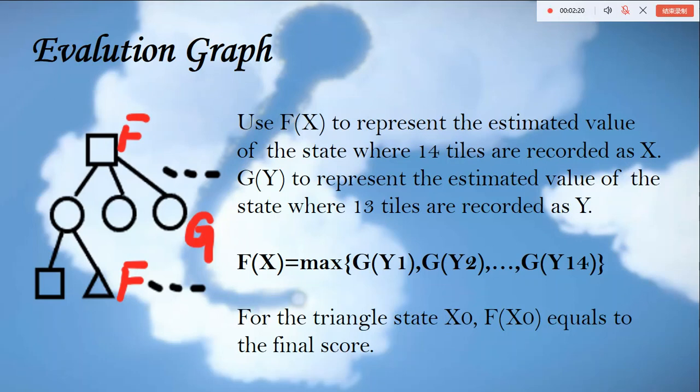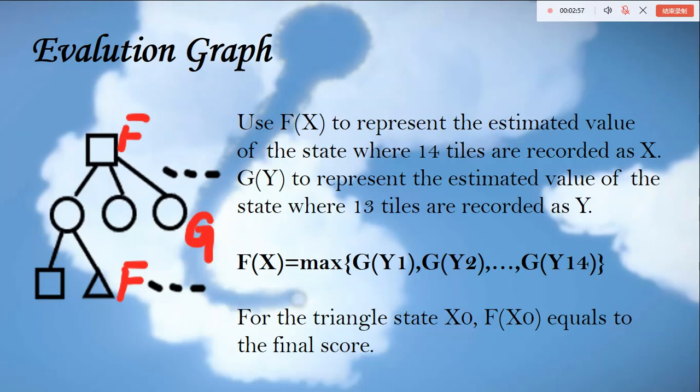Use f of x to represent the estimated value of the state where 14 tiles are recorded as x, and g of y to represent the estimated value of the state where 13 tiles are recorded as y. Then f of x equals max of g of y1, g of y2, ..., g of y14, where max means choosing the best state and discarding the corresponding tile for transfer.